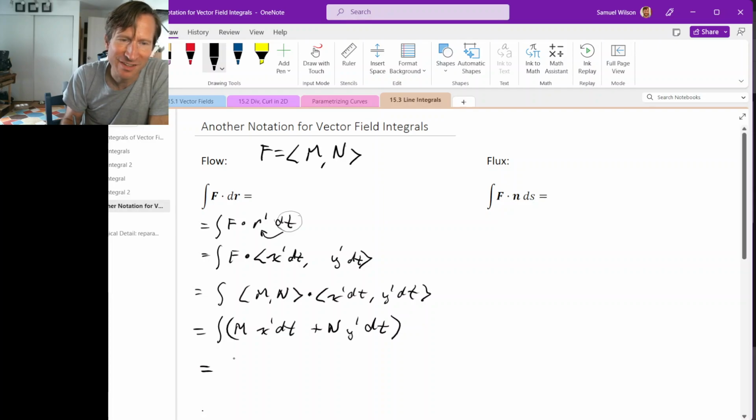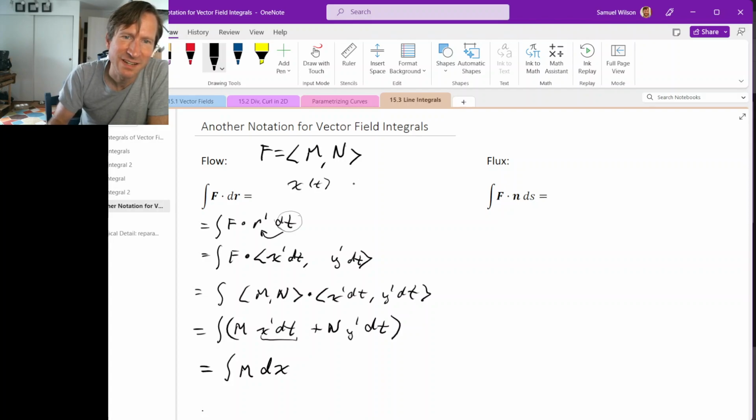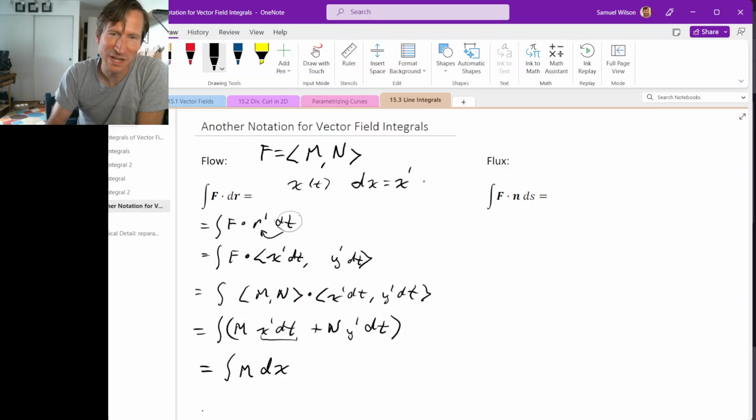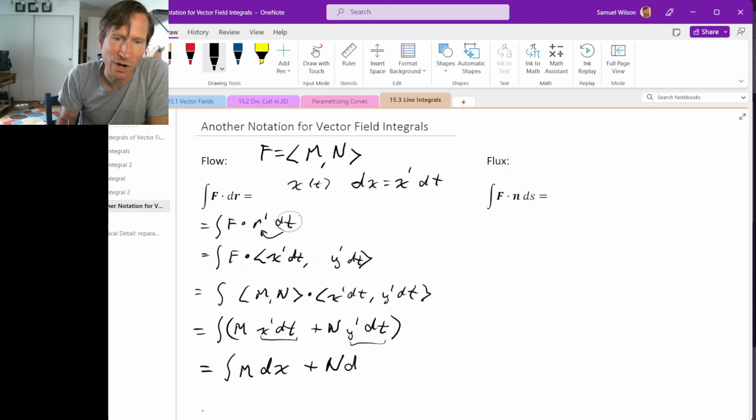But here's the point of this exercise: x prime dt, that's dx. Since x is really a function of t, dx is the derivative of x with respect to t times dt. So this x prime dt, that's dx. Plus, and the same thing happens over here, N times y prime dt, that's dy.